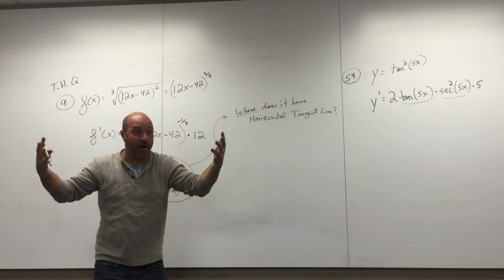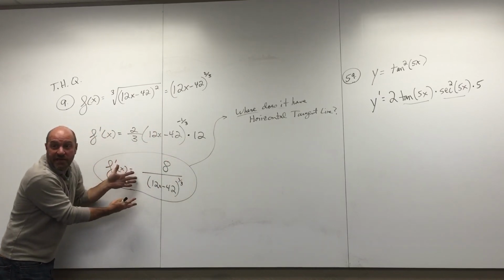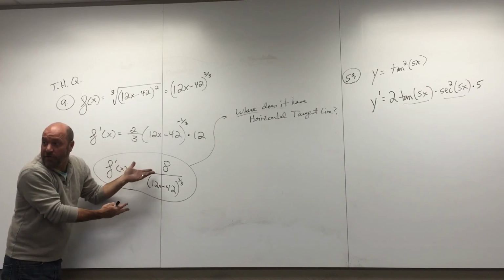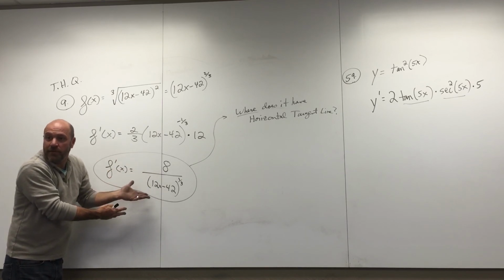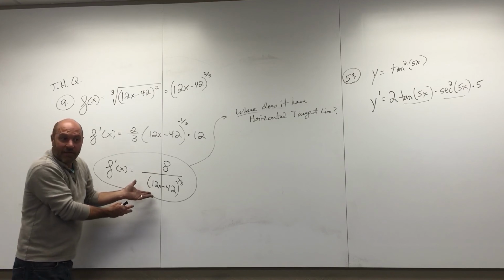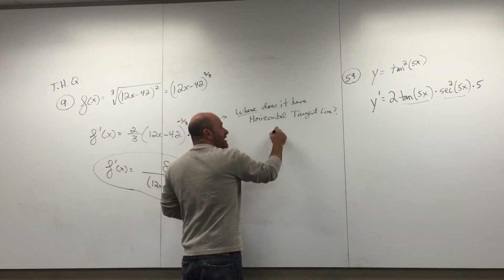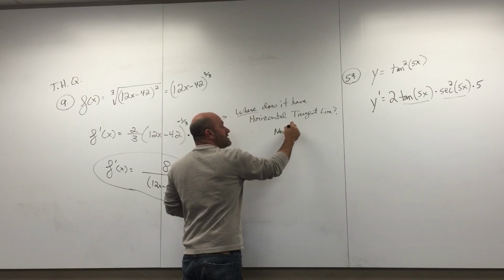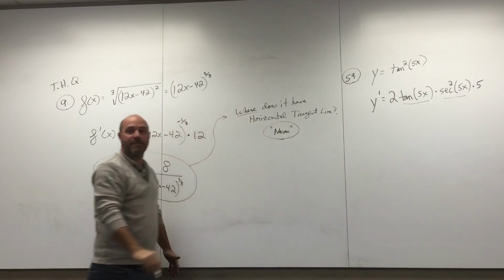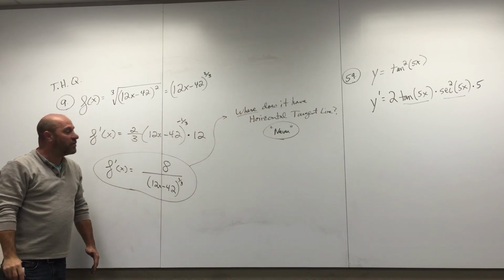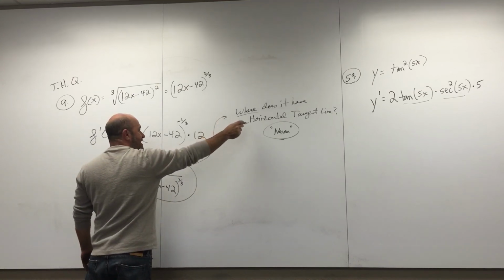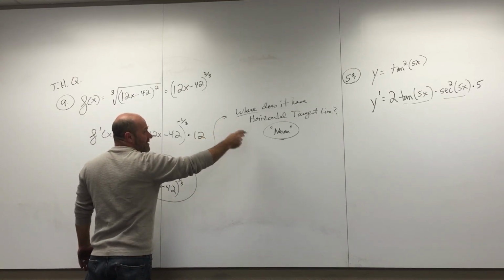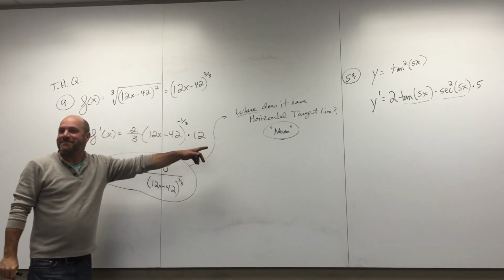The derivative is 0. Look at this derivative and tell me when it's 0. Never. It's 0 when the numerator is 0, and the numerator is an 8, so it's never 0. You guys with me? That was very easy, actually. It turns out never is the answer. Whatever, just say never.